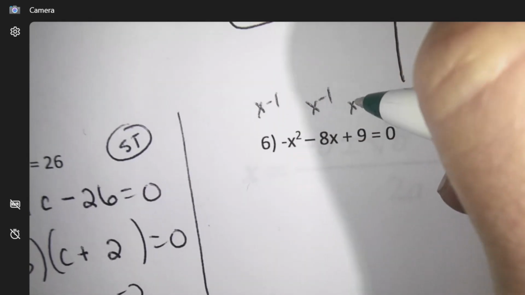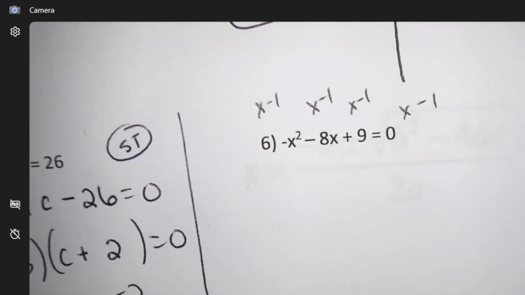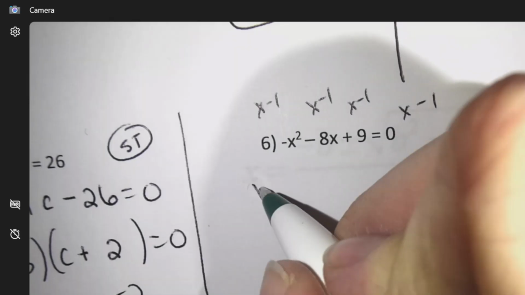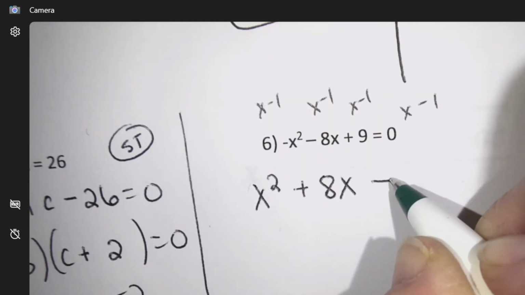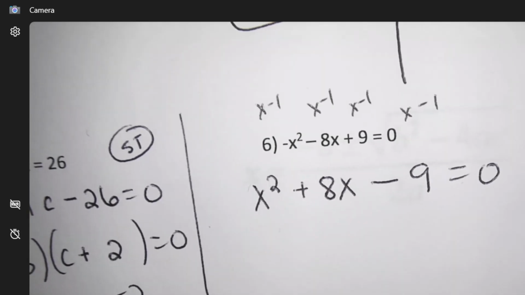I could times everything by -1. But you have to do every single thing. So positive x squared, positive 8x, but now a -9. Okay, 0 still stays 0 though.